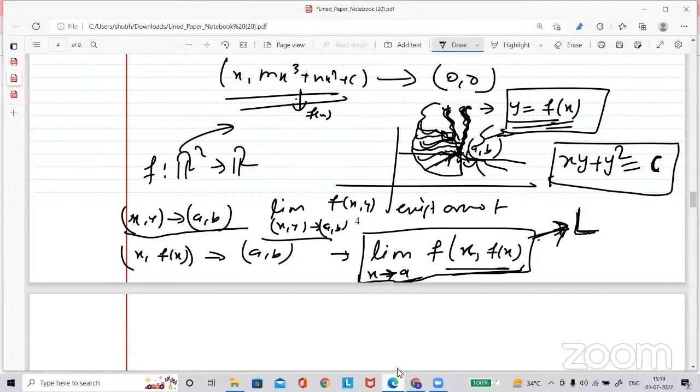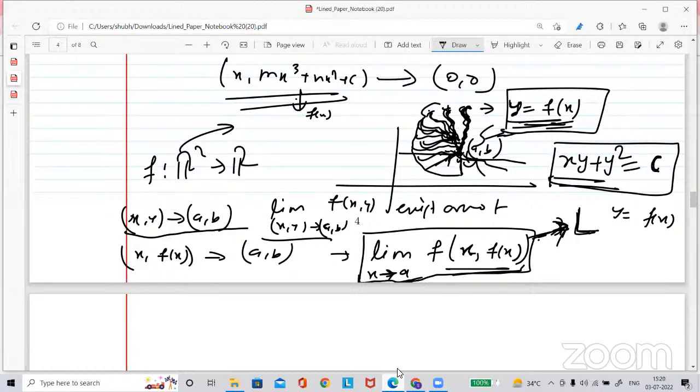It is difficult to write y as some function of x. But if you are approaching along this curve, your function should still approach exactly L. Then we will say that the function has a limit.